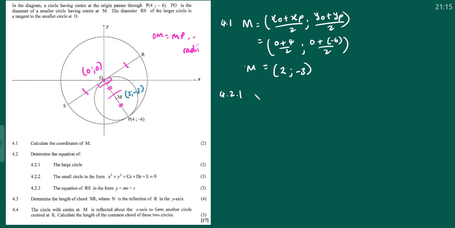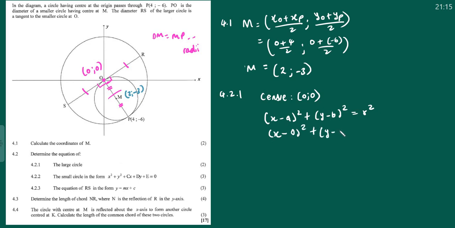The general formula: let's say the center there is 0 and 0. The equation of a circle says that (x minus a) all squared plus (y minus b) all squared is equal to r squared. Now, a and b are the coordinates of the center, changing the signs. So it's 0 here, and then it's 0 there.